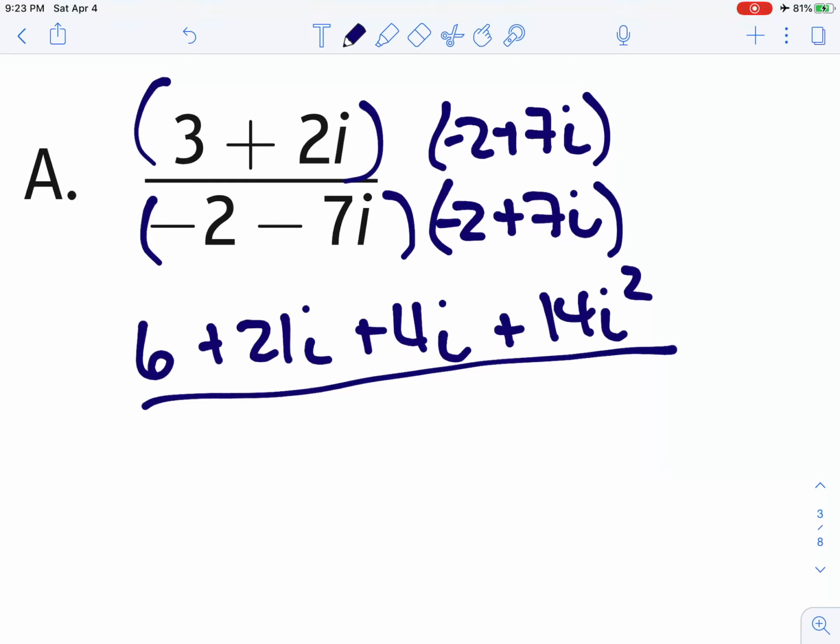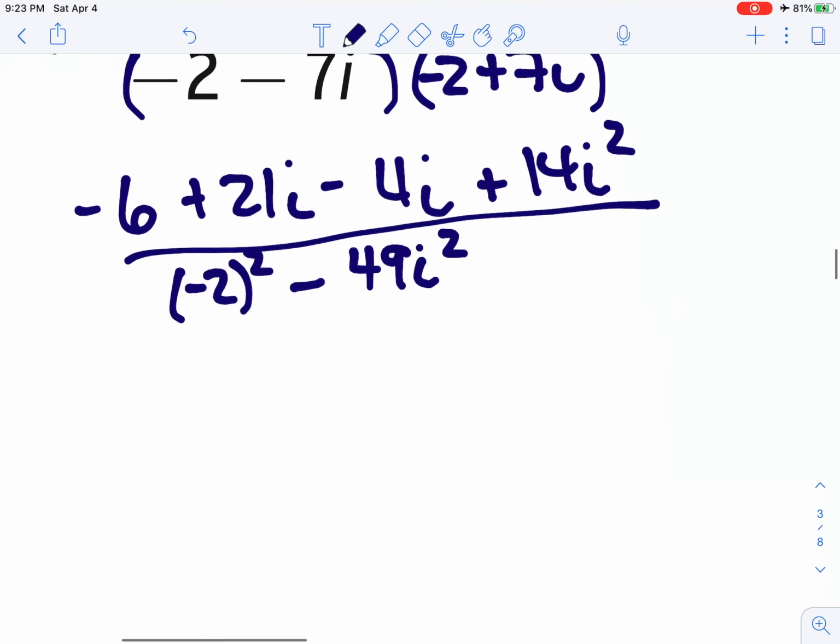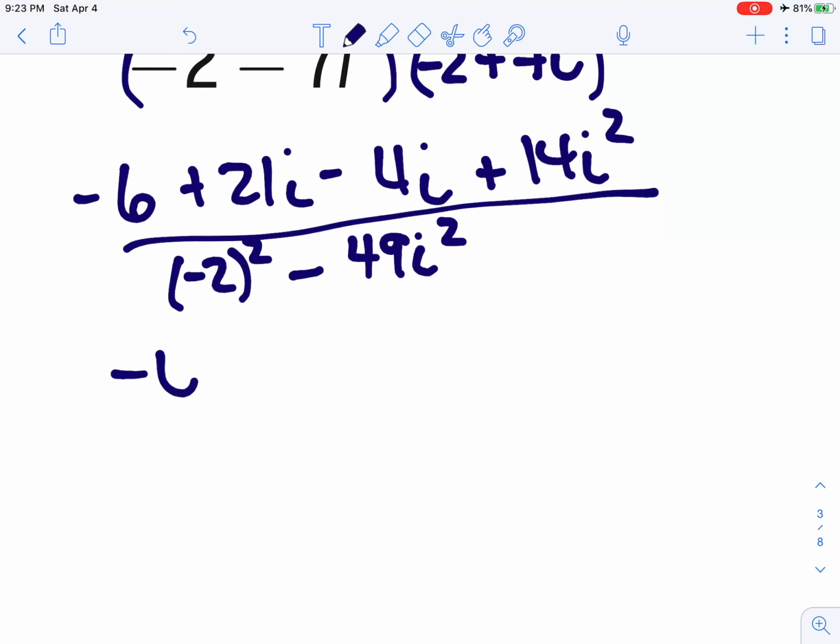Ooh, that's not good. How many people caught my error and did it correctly? That's my fault. So this should be negative 6, and this should be negative 4i. Okay, so then I would have negative 2 squared minus 49i squared.